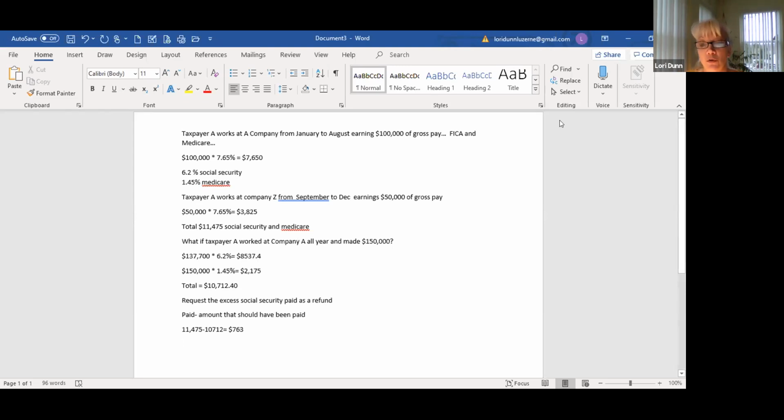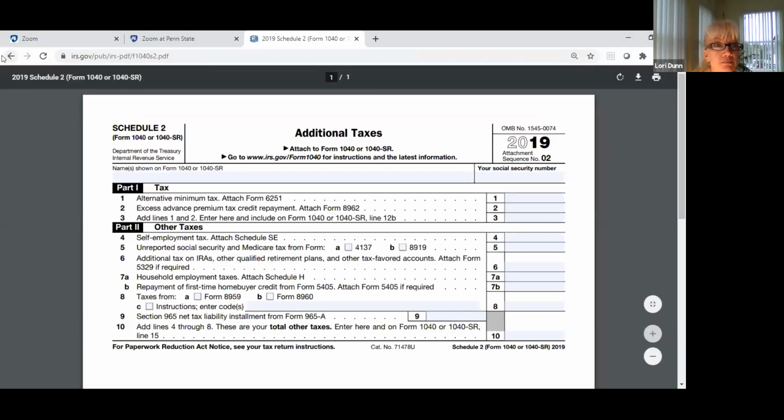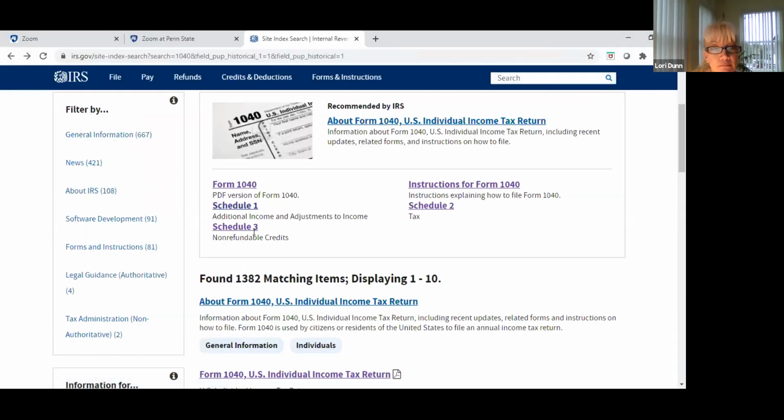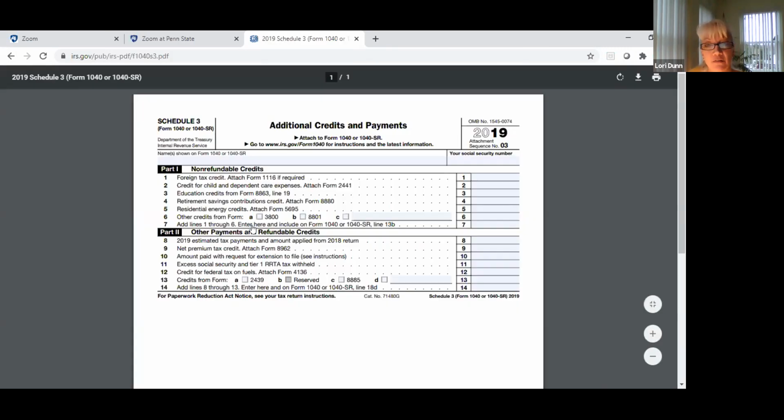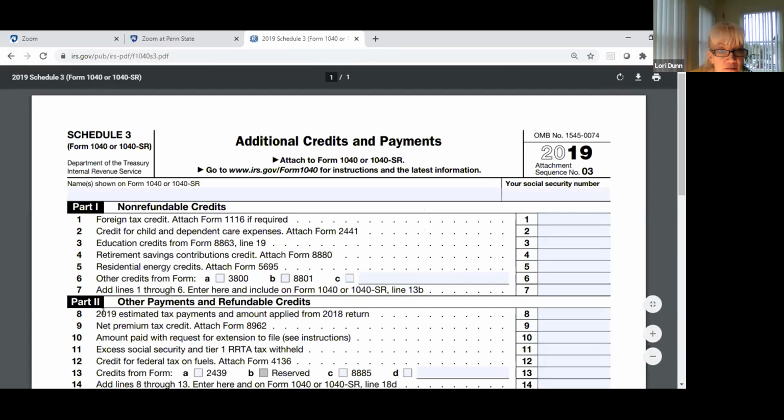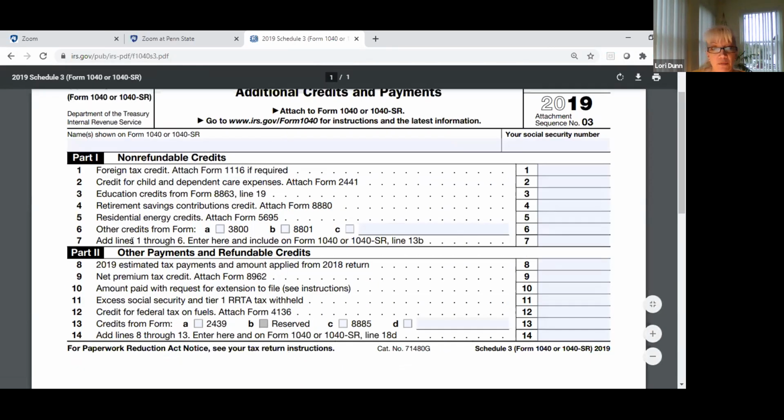So let me show you where that is requested. I'm going to grab the IRS form again. I think it's on Schedule 3. Yes. See line 11 here? Under other payments and refundable credits. So we're going to have our tax credits on this form.